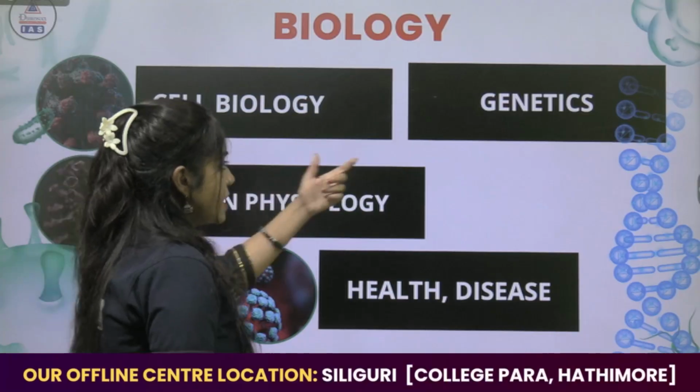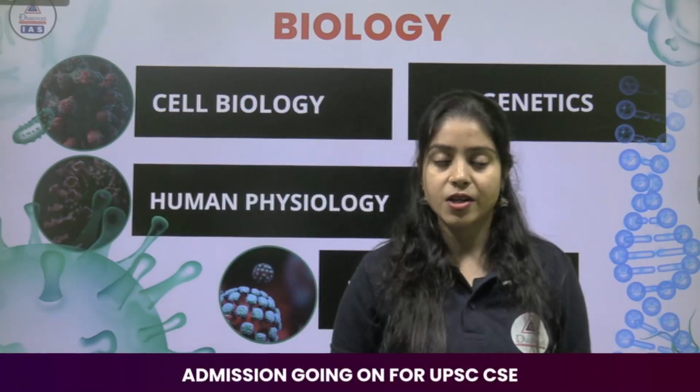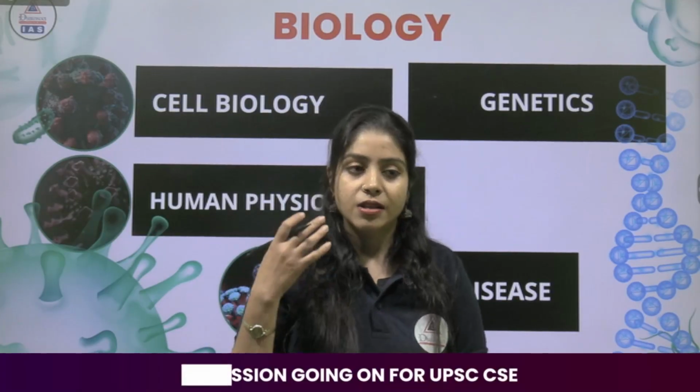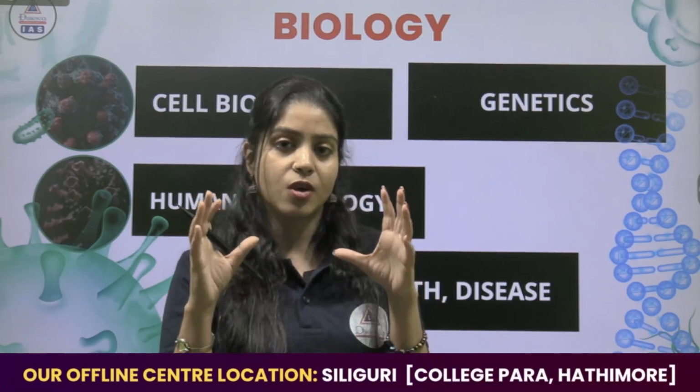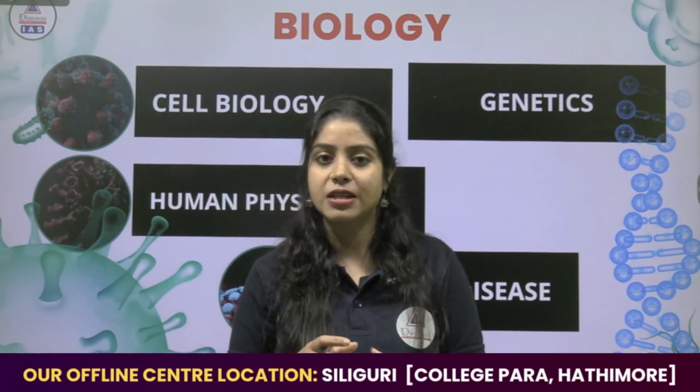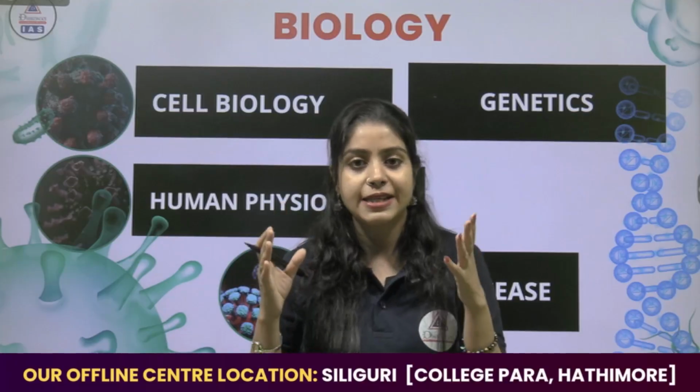Then genetics: what is DNA, what is RNA, what is a chromosome, and what are their functions and varieties, DNA replication, then synthesis of RNA from DNA, synthesis of protein. For the terminologies associated with genetics, you need to have the basic idea.